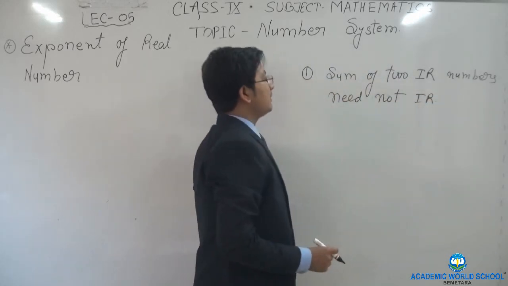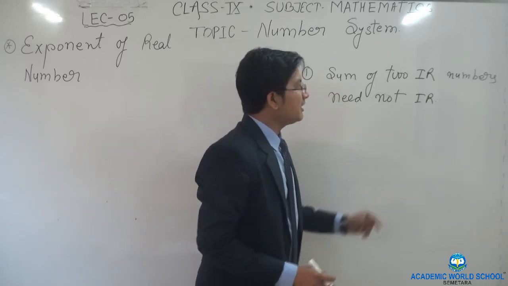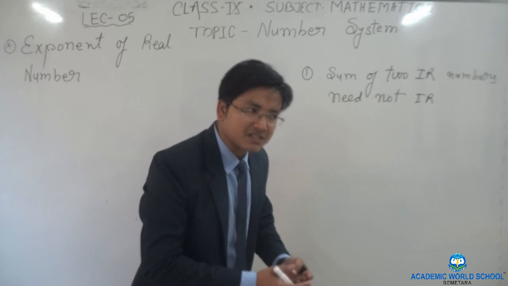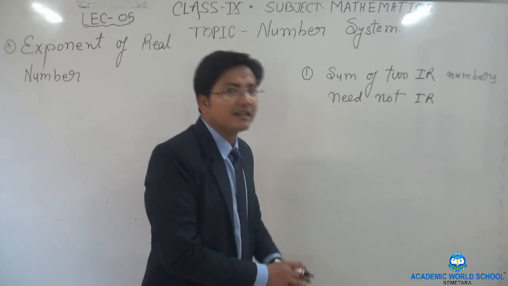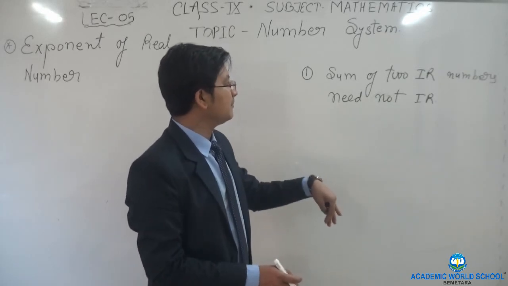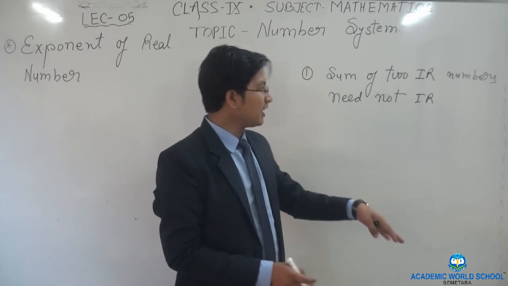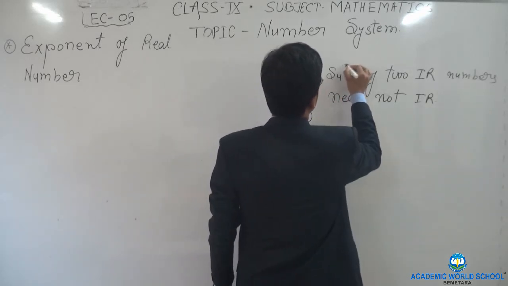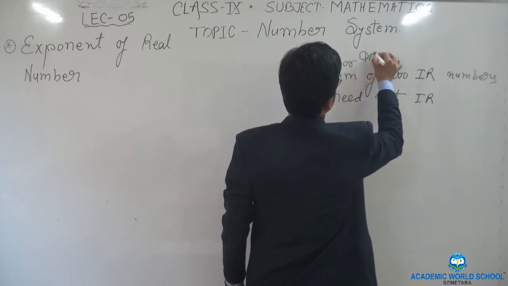Okay, that we have learned. Sum of two irrational numbers can be rational as well as irrational. It is not necessarily that the sum of two irrational numbers is irrational. Okay, and similarly difference also, sum or difference.